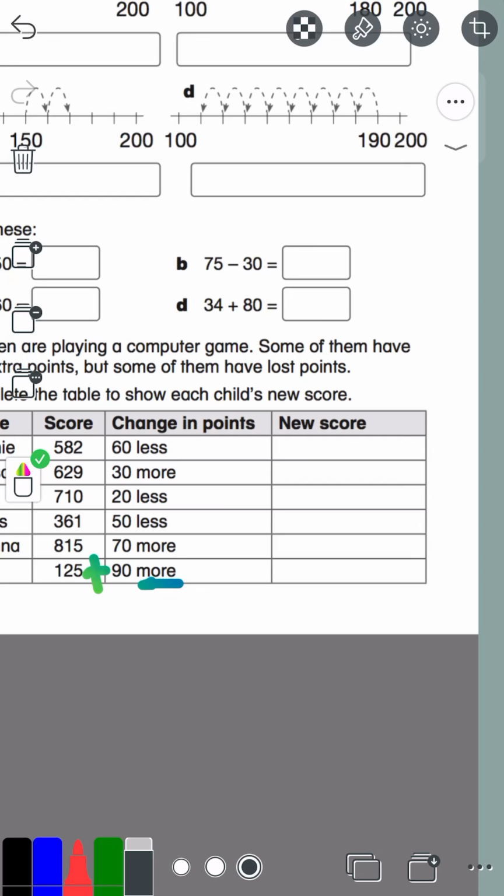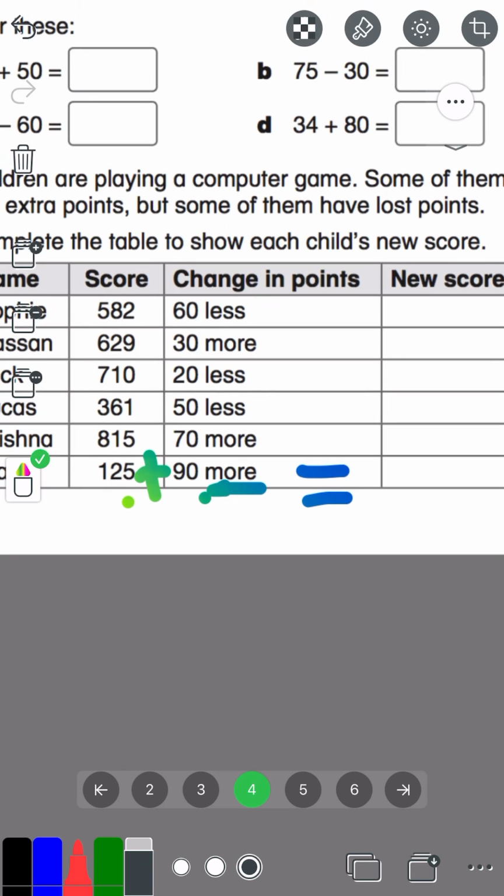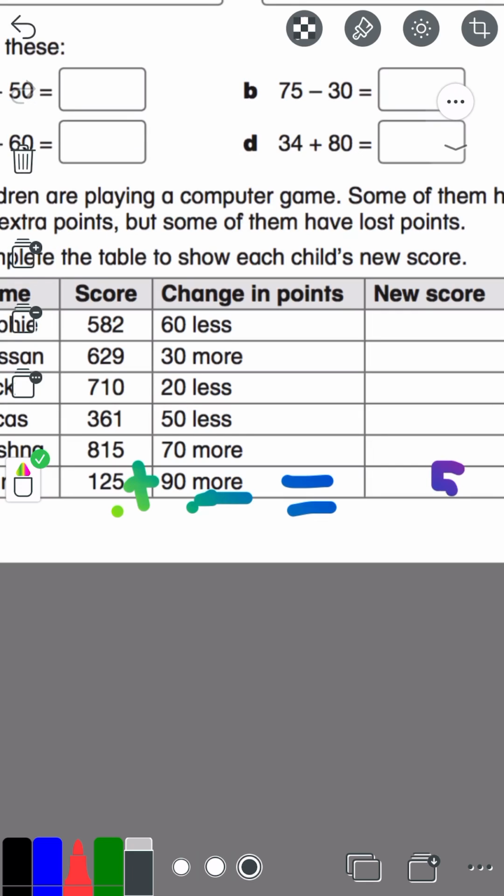So 125 plus 90, that equals, now 0 plus 5, look at this carefully. We add the ones, the tens, and the hundreds. 0 plus 5 equals 5. 9 plus 2, that equals 11. 1 here, the ones here, and the tens above the hundreds. 1 plus 1 equals 2.